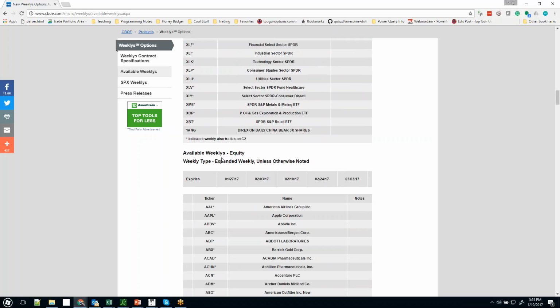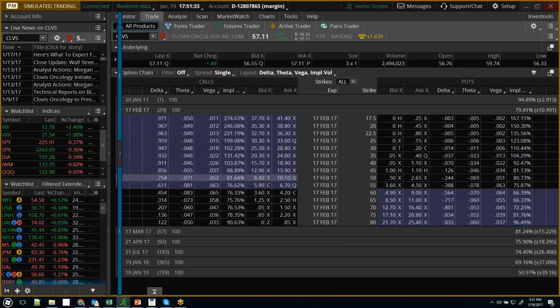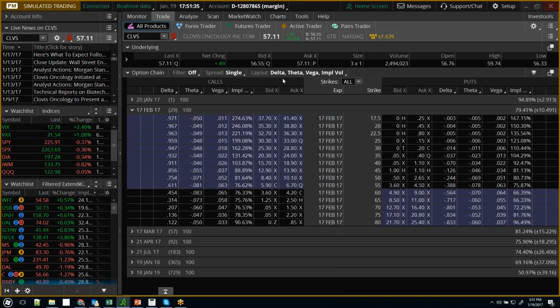Now, these are the equities, same thing. This is just a fairly big list of symbols, and anything on this list should be, in general, a pretty decent symbol to work with for options trades. It doesn't always work perfectly, but this will filter out a big list of the ones that are not useful to you. Tell you what, let me just jump into one, see if I can do this real quick.